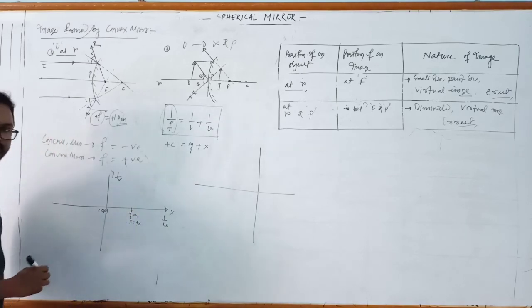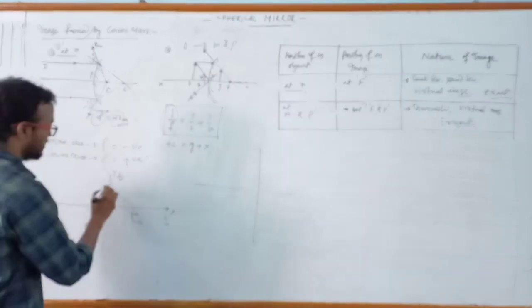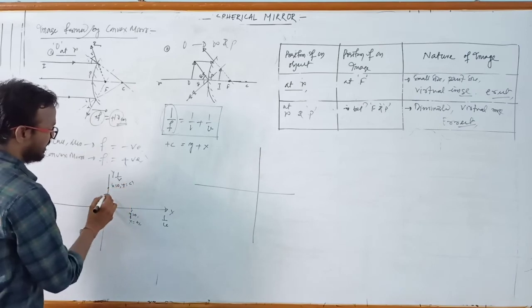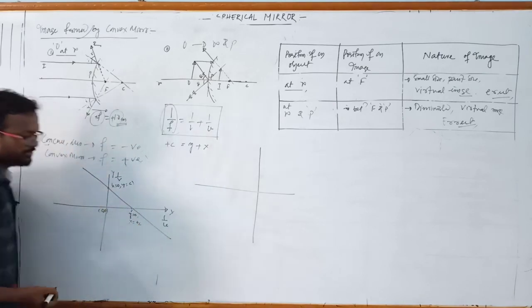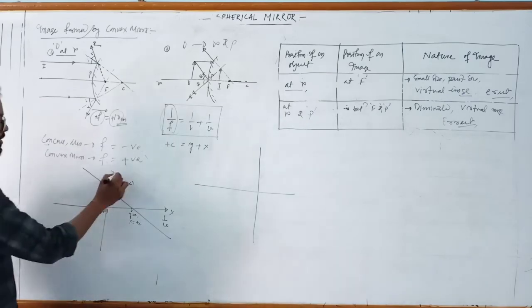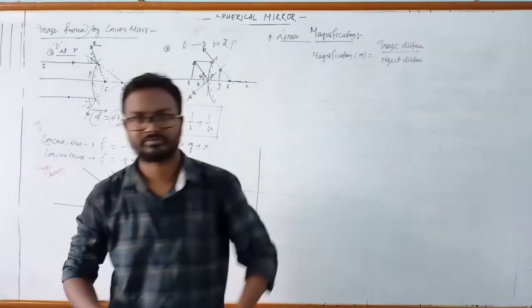This point is c along the x axis. Similarly, when x equals 0, y equals plus c. If we join the line, this is the line. Clear? This is the graph of 1 by V versus 1 by U.